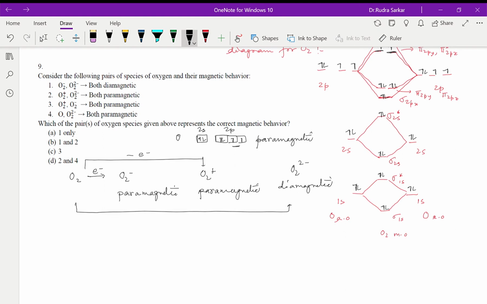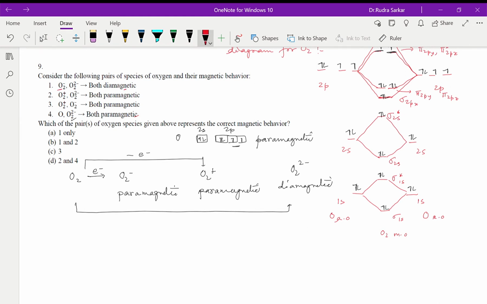What is the question now? Which of the pairs of oxygen species above represents correct magnetic behavior? Okay, so obviously this is diamagnetic, so it cannot be paramagnetic. Both are paramagnetic. First one is paramagnetic and the next one is diamagnetic.